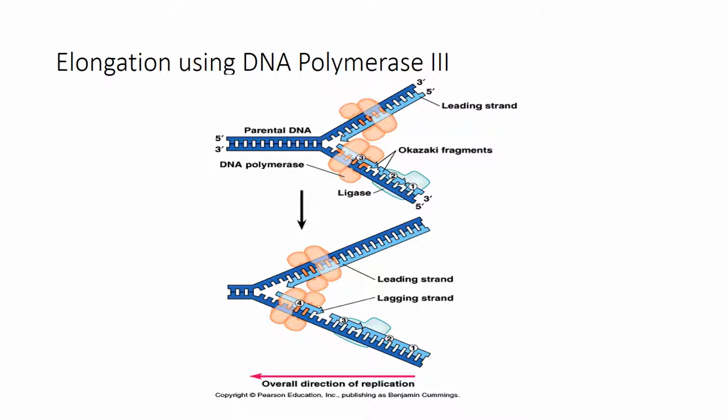And so the lagging strand has to be made backwards. When it does that, it's going to create a whole bunch of small fragments of DNA that are called Okazaki fragments. Again, we'll watch some videos of this, and hopefully that'll make it a little bit more clear.